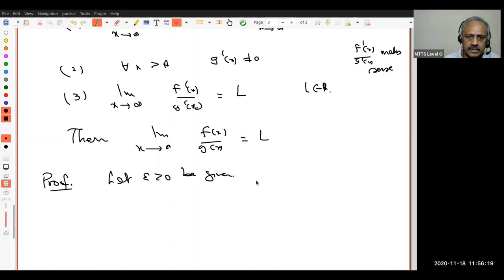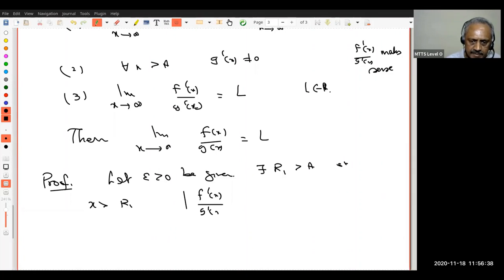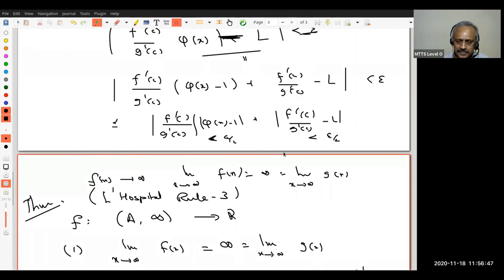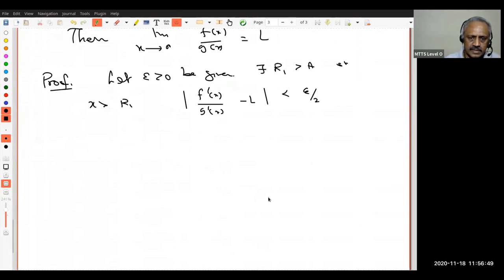Then we want to invoke the hypothesis, therefore choose R1, of course greater than a, such that if x is greater than R1, mod f'(x) by g'(x) minus L is less than epsilon by 2. You know why I wanted epsilon by 2. Go through the proof to make sure this happens. Okay.